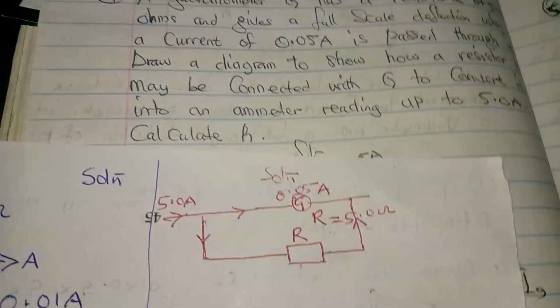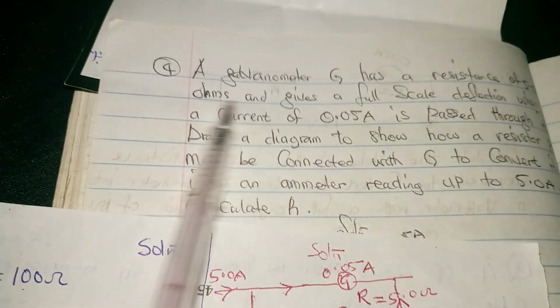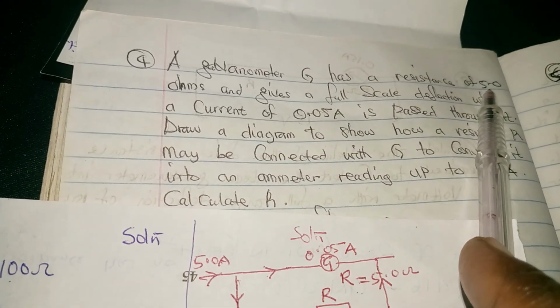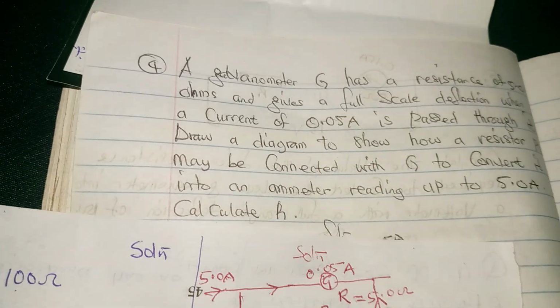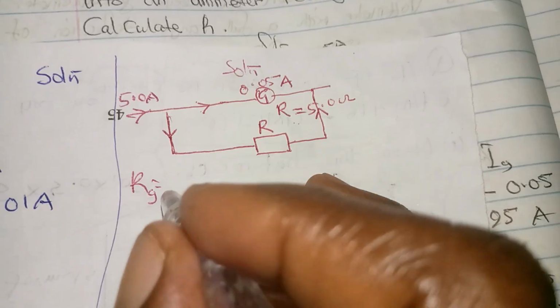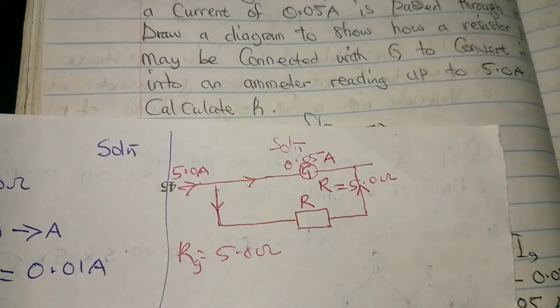Another way of interpreting this question is, the galvanometer has a resistance of 5.0 ohms. That means the resistance of the galvanometer is equal to 5.0 ohms.